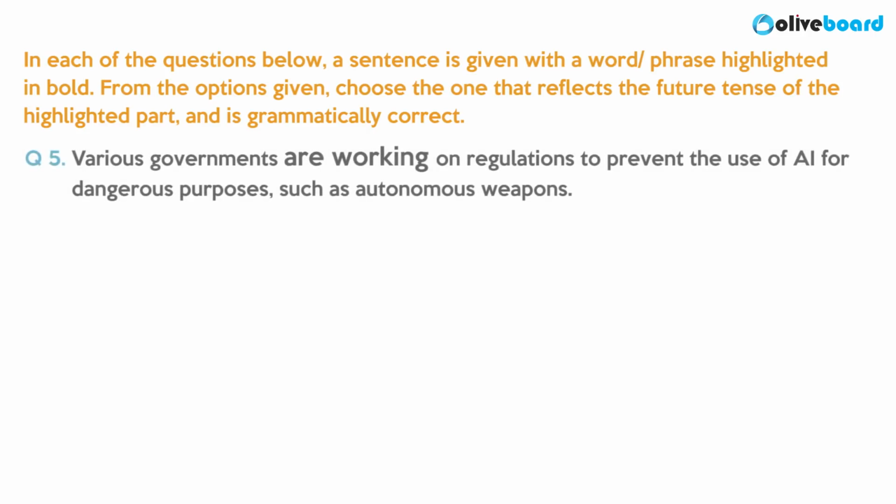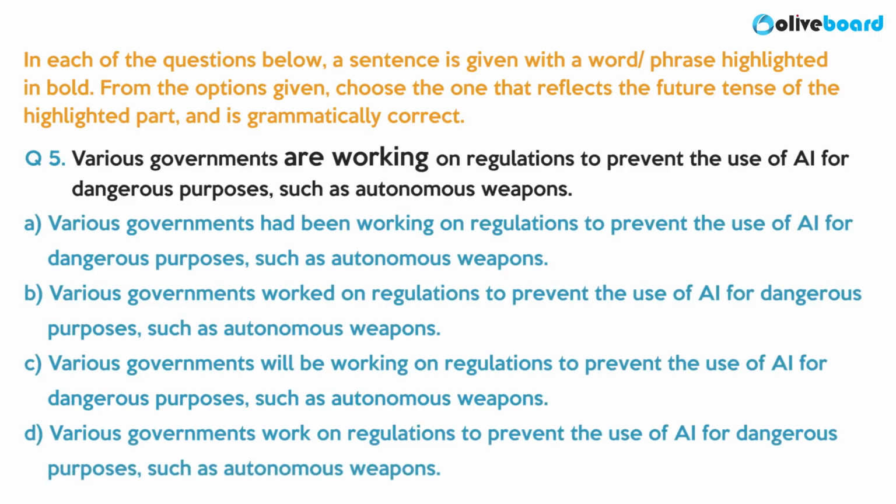The sentence here says, various governments are working on regulations to prevent the use of AI for dangerous purposes, such as autonomous weapons. Now, the verb are working in the given question is in present continuous tense, and we have to find the option that reflects the future tense for the same.